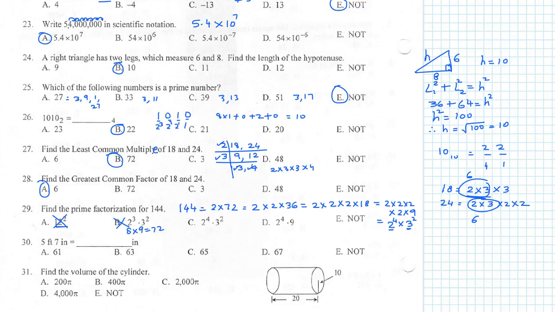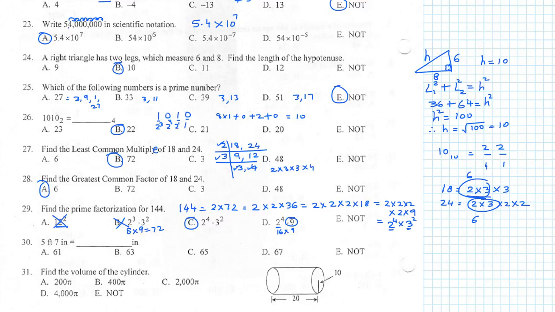If you look at answer D, 2 to the power 4 is 16, and 16 times 9 is 144. However, 9 is not a prime number, so this is incorrect. We need the factors that are prime numbers. So clearly the answer is 2 to the power 4 times 3 to the power 2, which is C in this case.